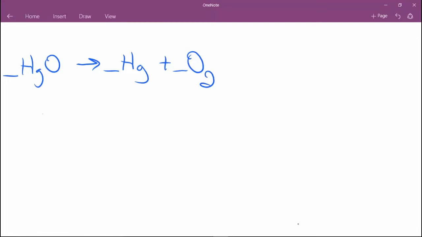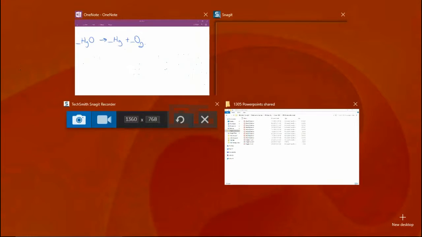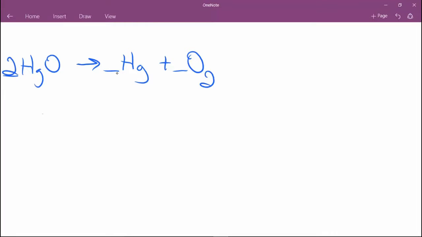So for this, I can see that I need 2 mercury oxides in order to balance the oxygens. Now on this side of the equation, the reactant side, I have 2 mercuries, 2 Hgs, and 2 oxygens.